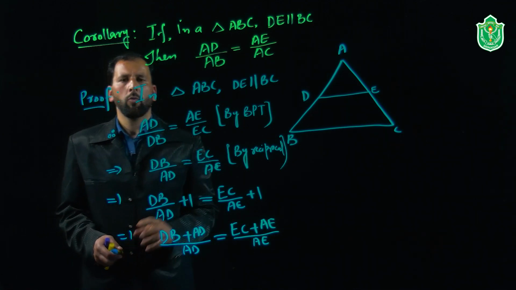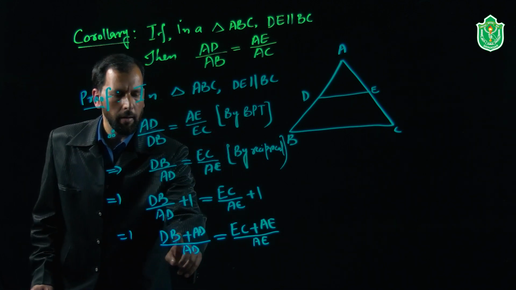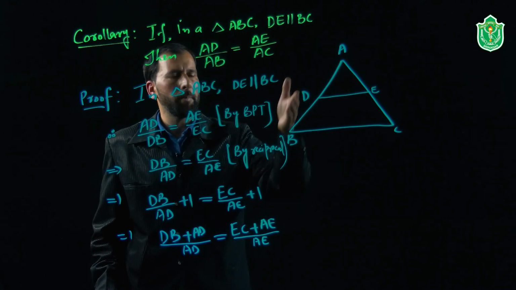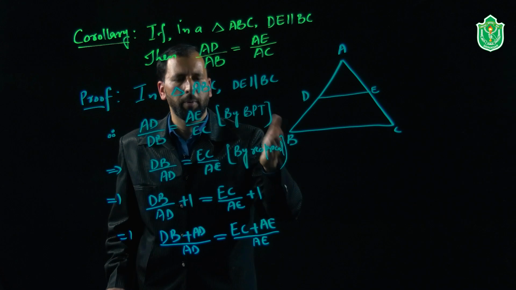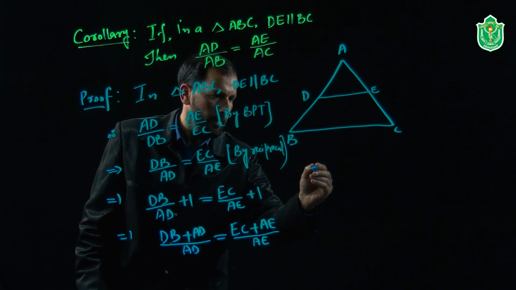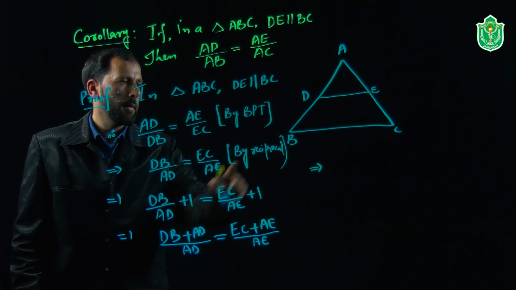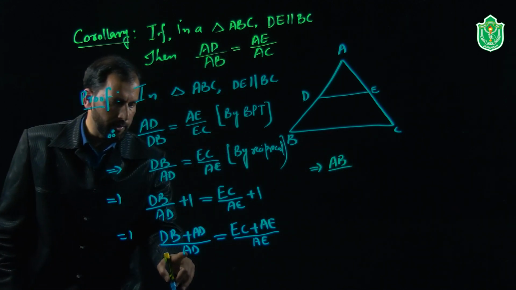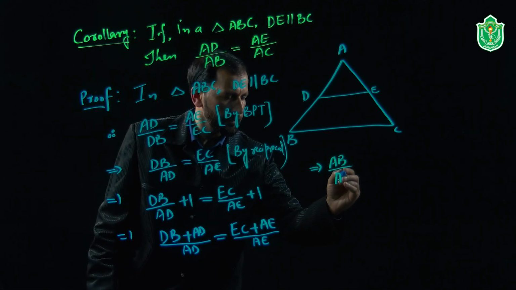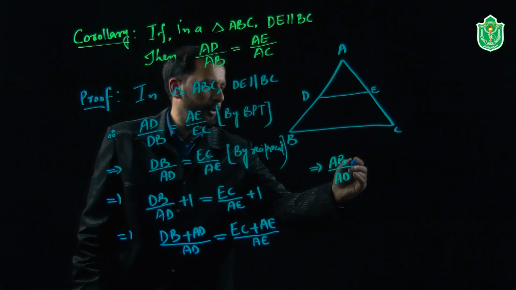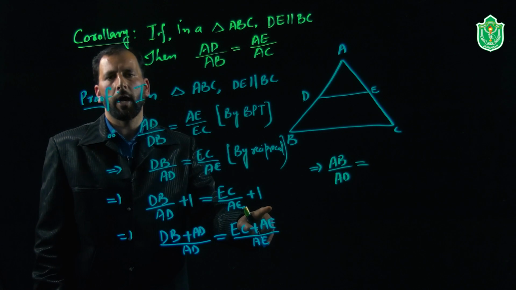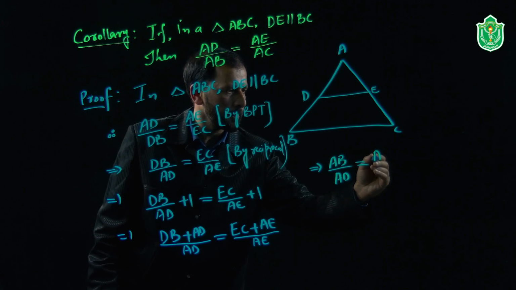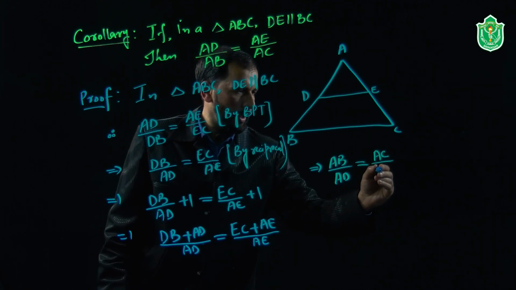Look at the figure: DB plus AD equals AB, and EC plus AE equals AC. So it implies AB divided by AD is equal to AC divided by AE.